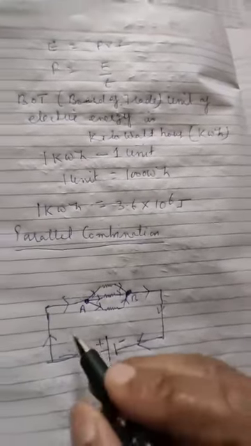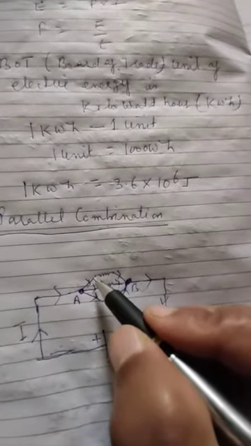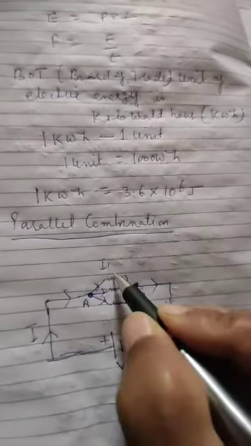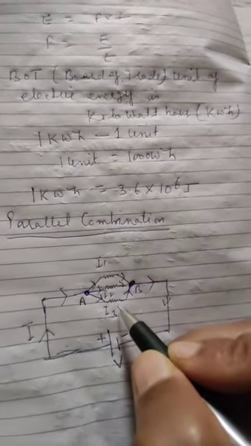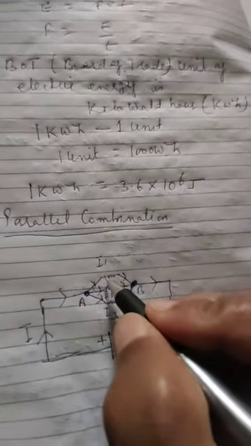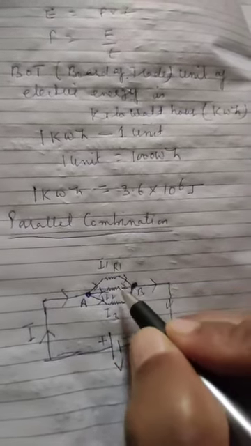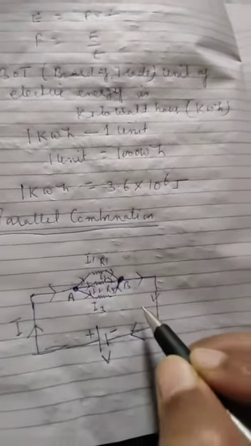Let I be the current coming from the cell. When it reaches point A, some of the current flows through each wire. So let current I1 flow through this wire, current I2 through this wire, and current I3 through this wire. Let the resistance of this wire be R1, here it is R2, and here it is R3.